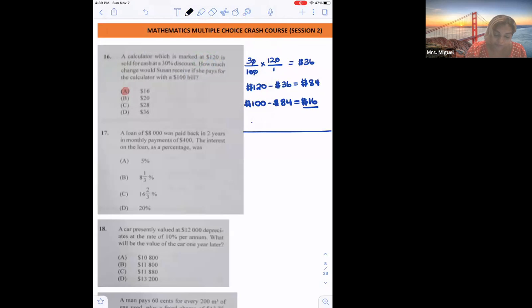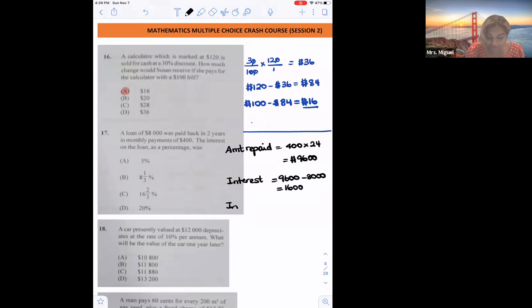So the amount repaid would be 400 by 24 months because there are 12 months in a year. So you're paying 9,600. So the interest on the loan would be 9,600 minus 8,000, which is 1,600.